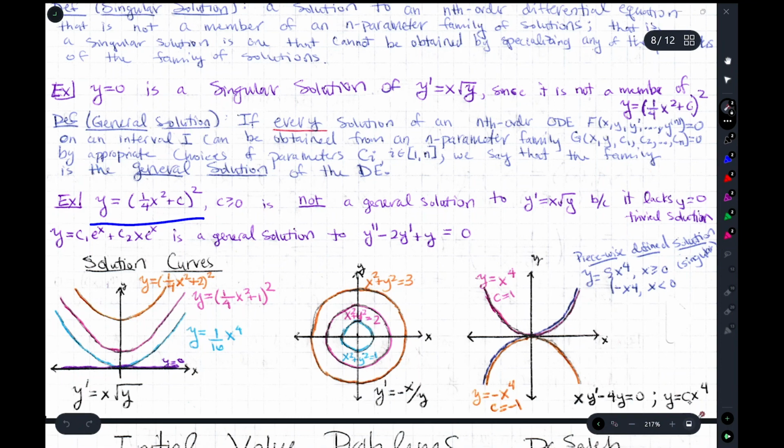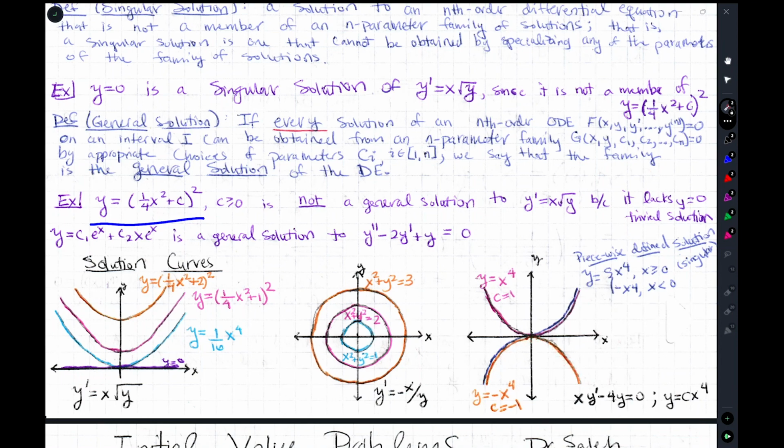And we could fix c. C equals 1, okay, is in pink over here. All right, that's what we'll get. That's just y is equal to x to the fourth, so that's a solution curve. If we choose c is equal to minus 1, we get the bottom curve there in orange.